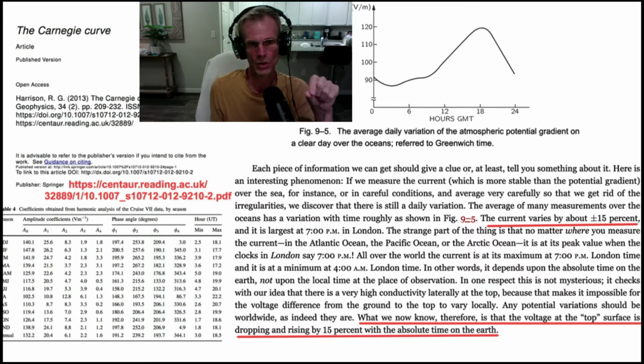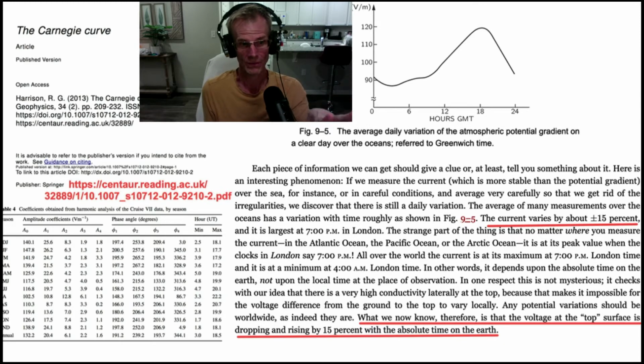So if the known measured accelerations of gravity vary by 0.7%, do you see how that's a problem? If a well-known law in atmospheric science says the field varies by 15% over the course of the day, that pretty much debunks his electrostatic theory, just this alone. But it gets better. The Carnegie study found that the electric field varies by season as well.